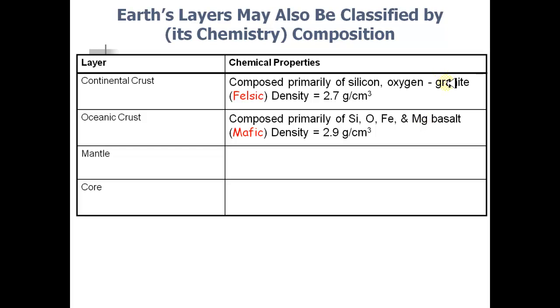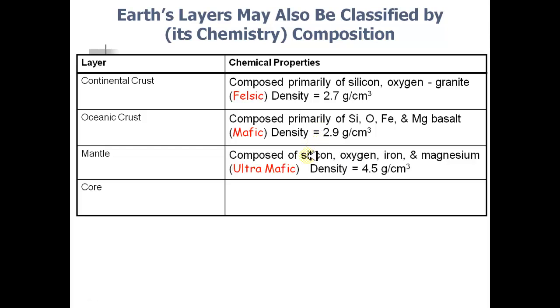The primary rock is called basalt, or gabbro if it's intrusive. They are mafic, which stands for magnesium and iron. It has a density of 2.9. It's a little bit more dense than the continental granitic rock, so that sits down in the earth a little lower and allows water to go on top of it.